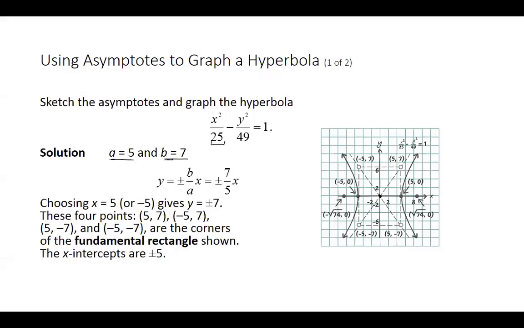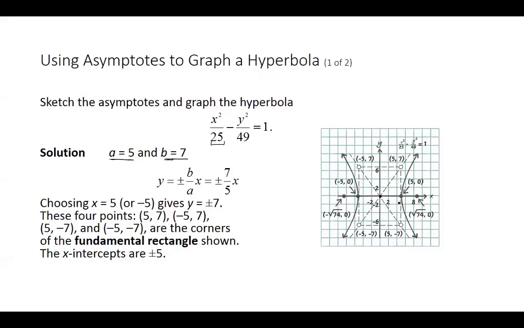And then from the center, you move the square root of 49, which is 7 units up and 7 units down on the y-axis. Once I've done that, I can form this rectangle. The diagonals of this rectangle would be my asymptotes. My graph is going to get closer and closer to these asymptotes. And the vertices would be right at the midpoints of the sides of the rectangle.